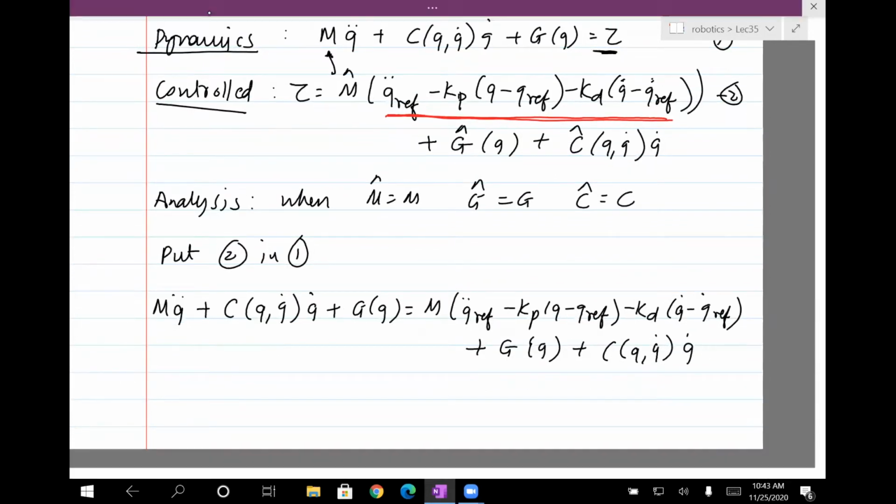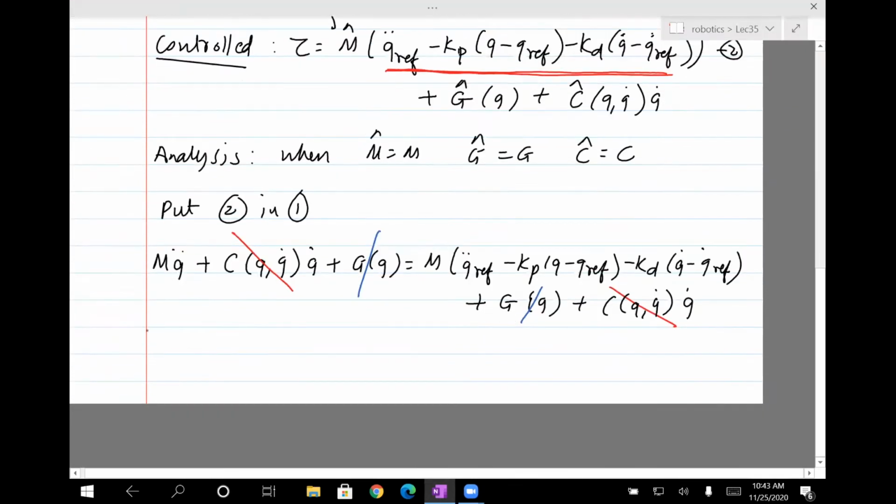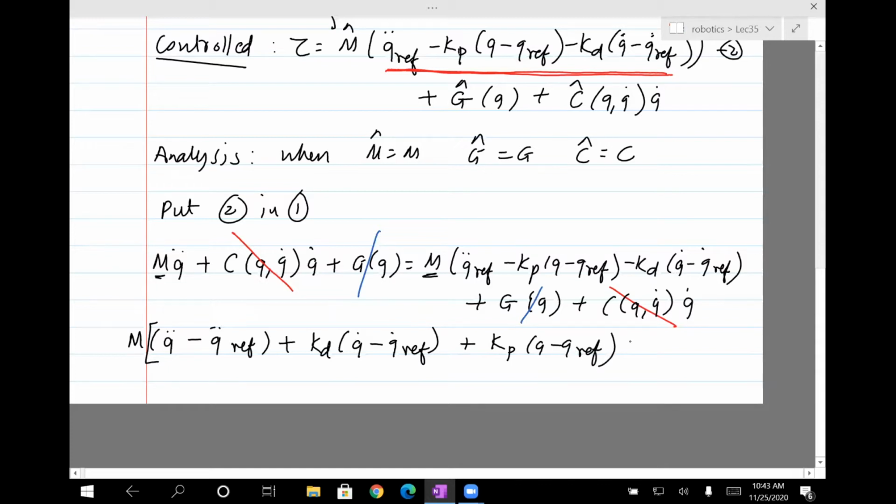Okay, now what we see is, from the left hand side we can remove c, we can cross out g, and what we're left with is something like this: m (q double dot minus q double dot ref), I'm pulling this to the left side, plus, so the m comes out, it's basically something we can factor out, and we're left with kd, I'm going to write this first, (q dot minus q dot ref) plus kp (q minus q ref) equals 0.